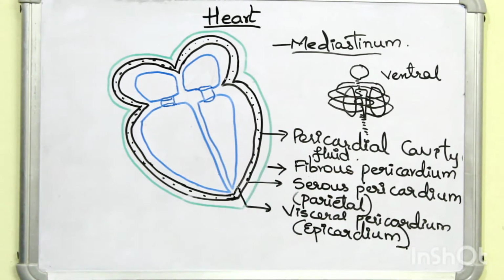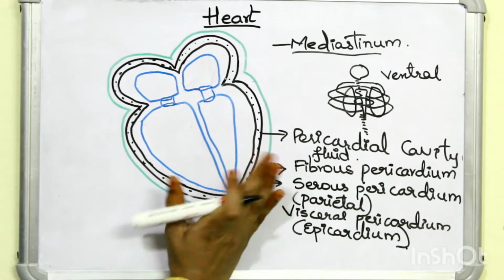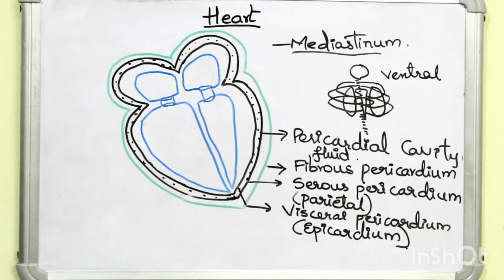If you see these cardial layers, in the fibrous one you will find more fibers in the connective tissue. In the serous and visceral pericardium, the difference is only the fibers in them. This will give support to the heart, so even if it moves faster, it doesn't change its location.